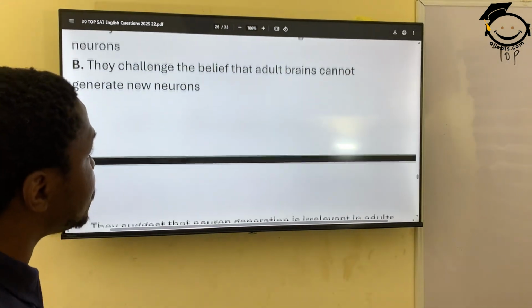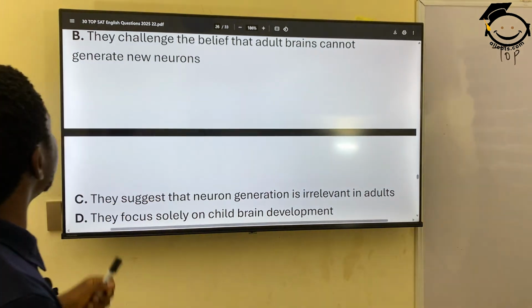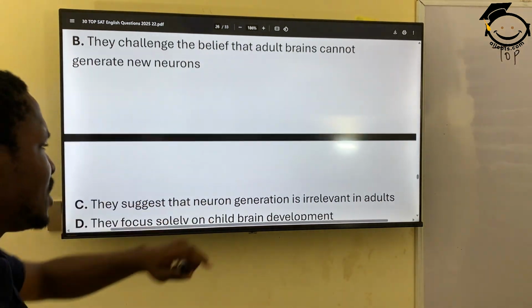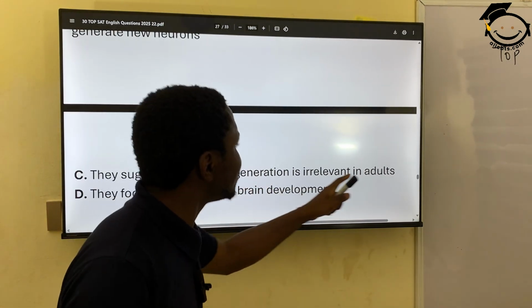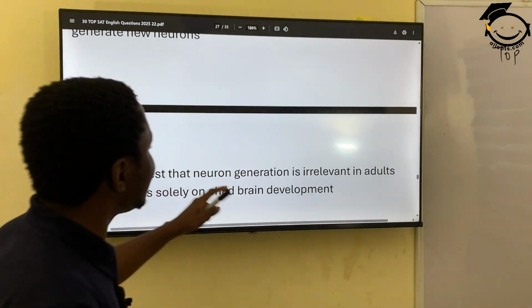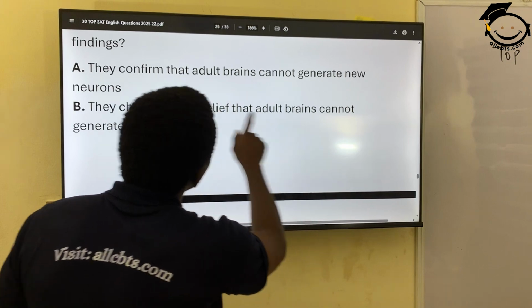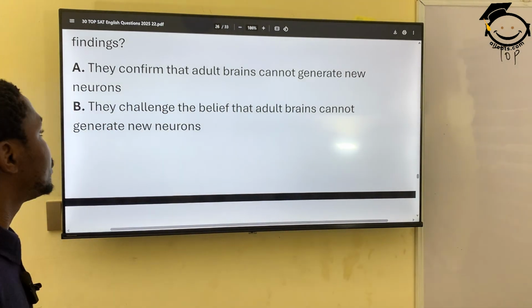No, they challenged it, meaning that they fought it. They tried to refute it. Okay, they challenge the belief that adult brain cannot generate new neurons. That seems like it. They suggested that neuron generation is irrelevant? No. They focus solely on child brain development? No. So this would be the correct one. They challenge the belief that adult brain cannot generate new neurons.